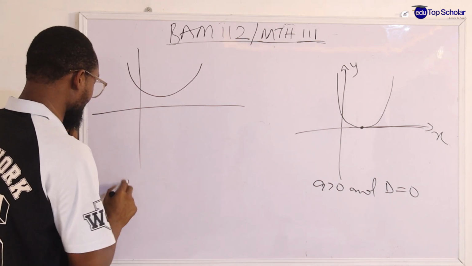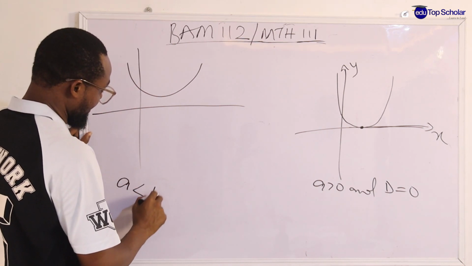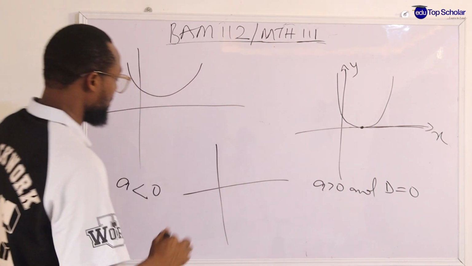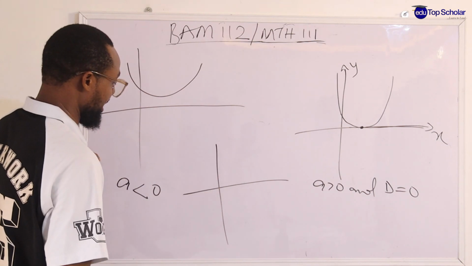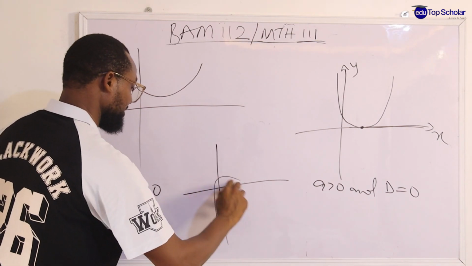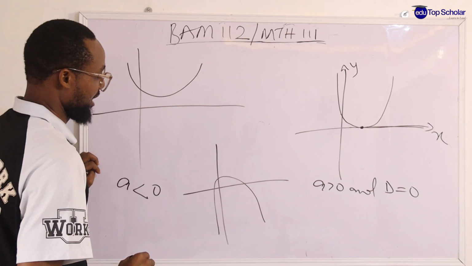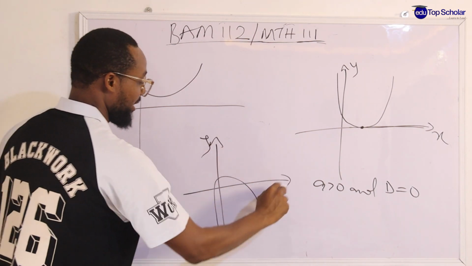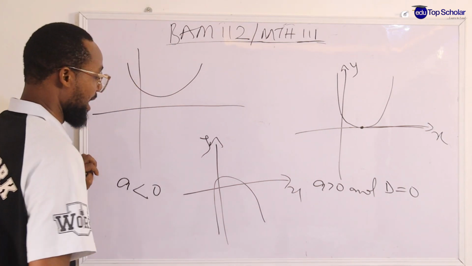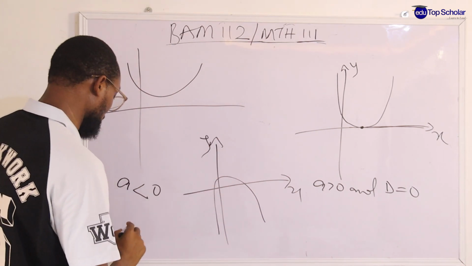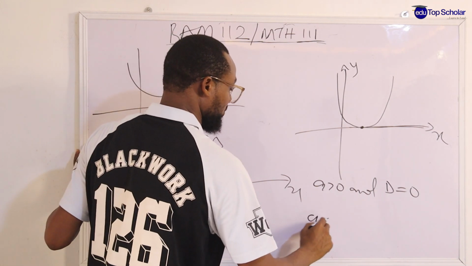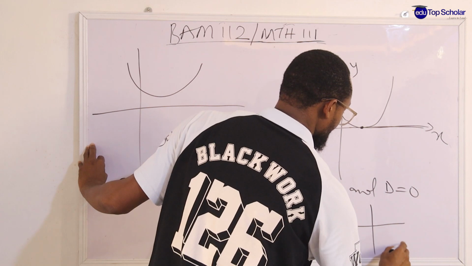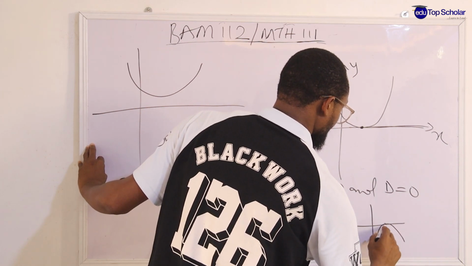And if our a is less than 0, it follows that all the ones we have had earlier, we can have something like this. Our curve will just face down now for the y and x-axis. And for the equal roots, if a is also less than 0, we have something like this to touch a point.